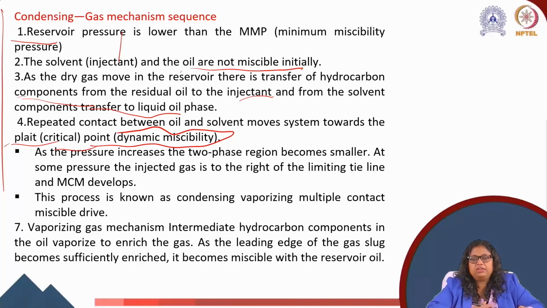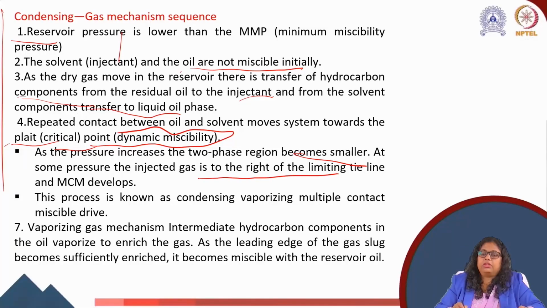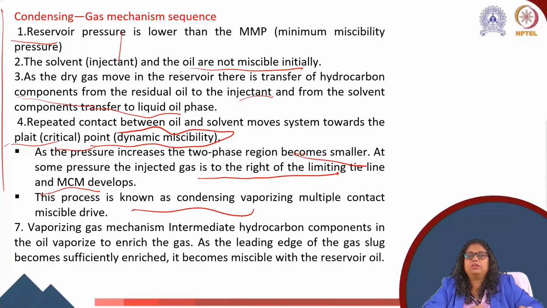As the pressure increases, this two-phase region becomes smaller. At some pressure, the injectant gas is to the right of the limiting tie line, and then you will have the MCM, or multiple contact miscibility, developed. This process we call the condensing, vaporizing, multiple contact miscible drive.